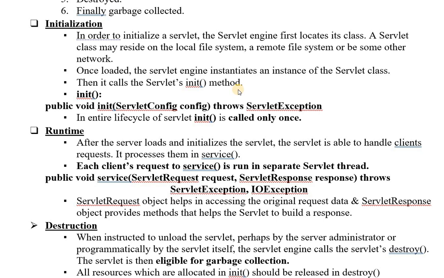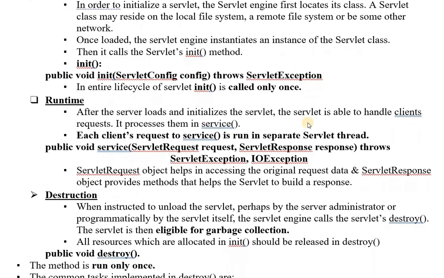What is the syntax of the init method? It is public void init, and it takes the argument ServletConfig and throws ServletException. This init method is called only once in the servlet lifecycle.